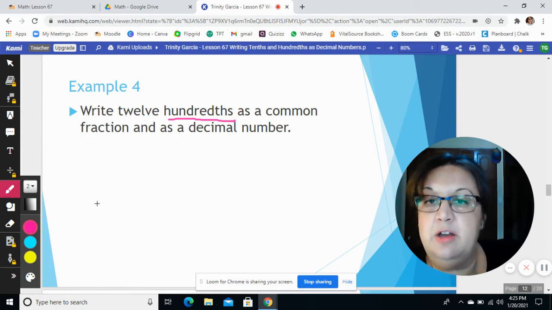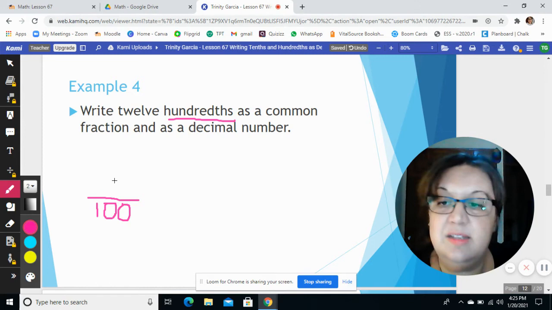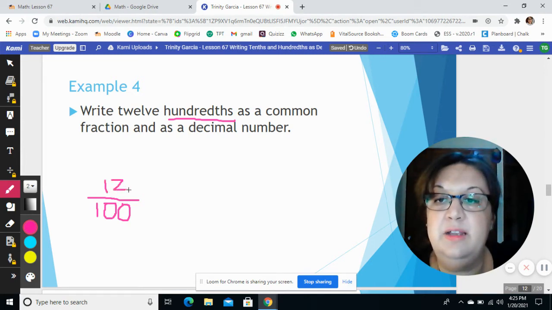So let's write our fraction first, because we already know that our denominator is going to be 100. So now we know that 12 is going to go on the top as our numerator, right? Because it tells us 12 hundredths. Look, you could just draw that fraction right there. Okay, that's the same, 12 hundredths.